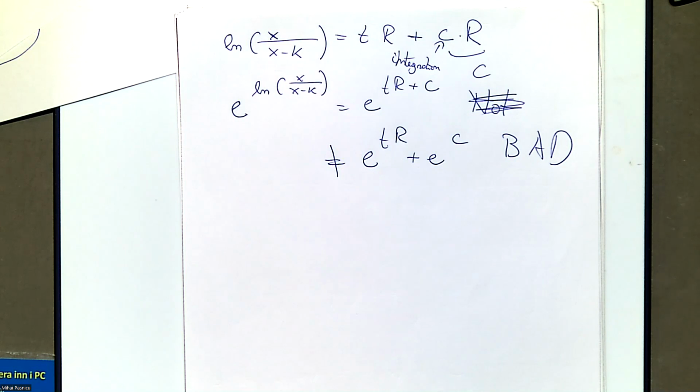Realistically, I can keep it c times r, but there's just no point. Because if I'm telling you that c is any number in the world, and you multiply it by r, it's still any number in the world. So that doesn't change.